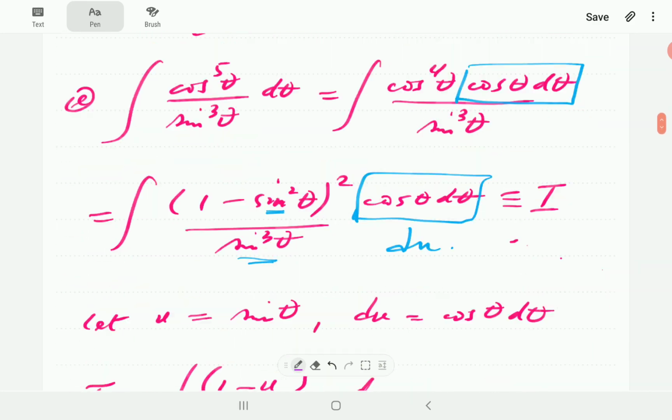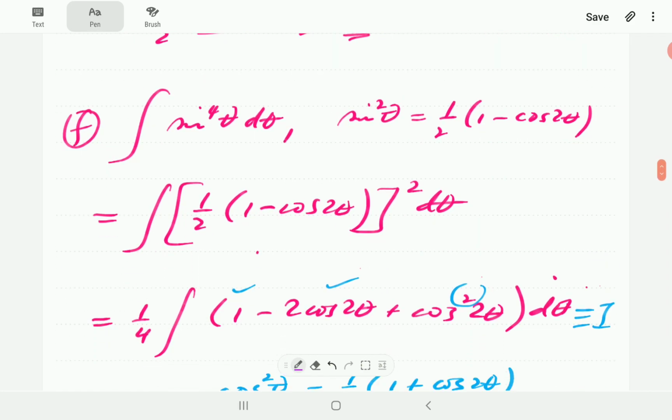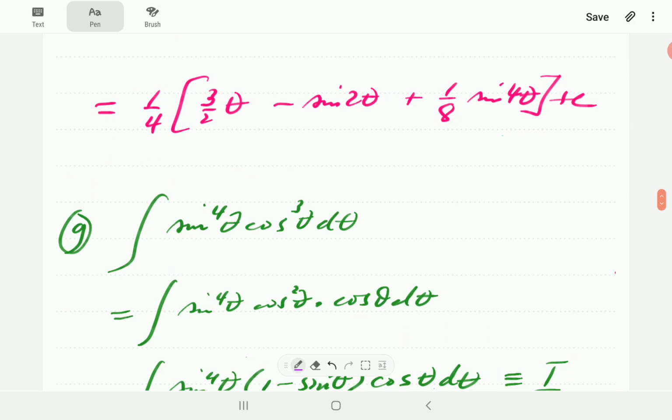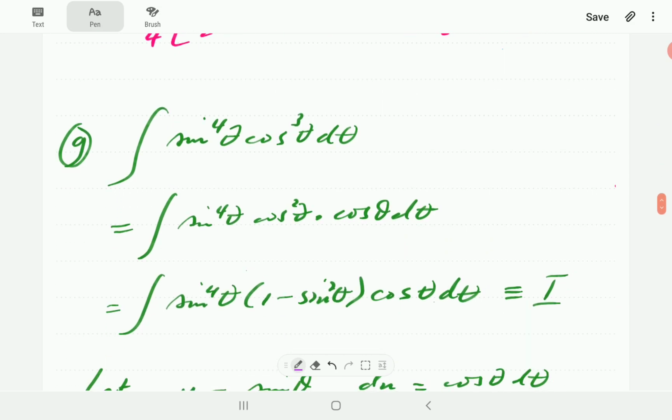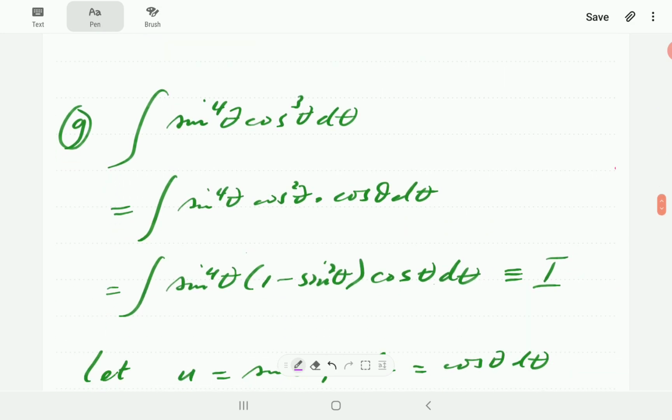All right, so for G we have sine theta to the power 4 cosine theta to the power 3. Since this is odd, we're going to save a cosine, and then we're going to write everything in terms of sine, which means this one in particular, because this is already in terms of sine.